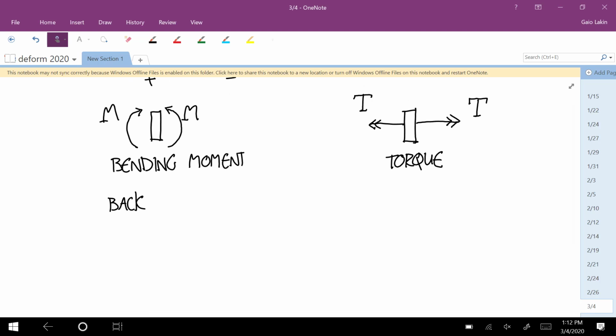Really the main reason is that in this class, we're not going to have a way to calculate the stresses for things that are bending around more than one axis. We could calculate those internal loads, and it wouldn't be hard to modify this to do that, but we still wouldn't be able to calculate the stresses.